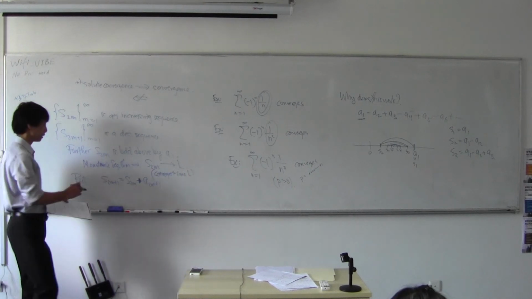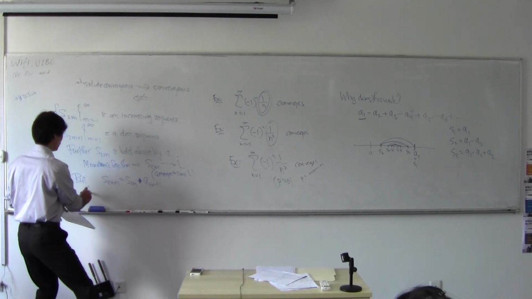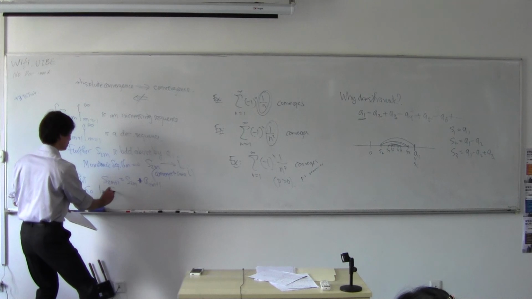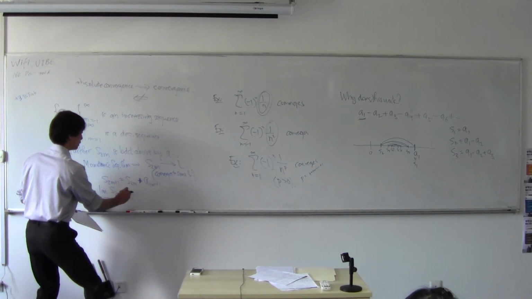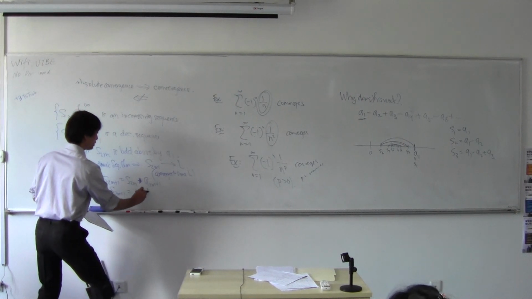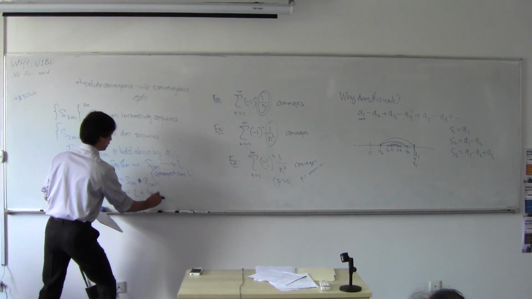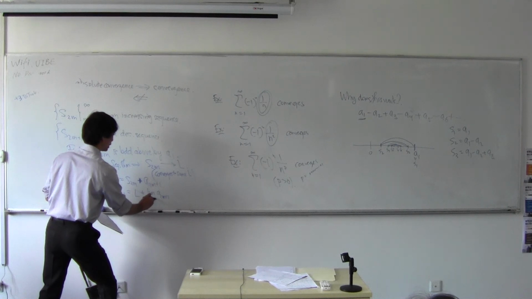So the limit of S2m plus 1 as m goes to infinity is L plus the limit of A2m plus 1 as m goes to infinity.